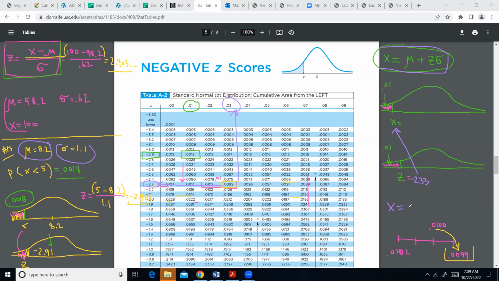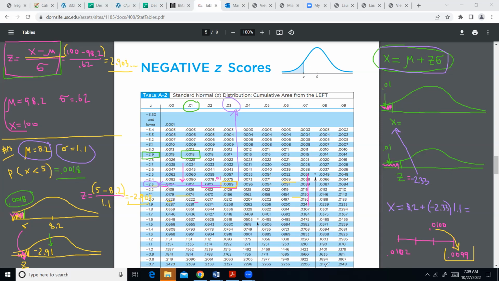So we'll go with 8.2. And then the Z was negative 2.33. Plus and the minus means minus. Or you could just put this in a calculator the way it is. People usually like parentheses around negative numbers, so they can clearly be multiplied by that 1.1.